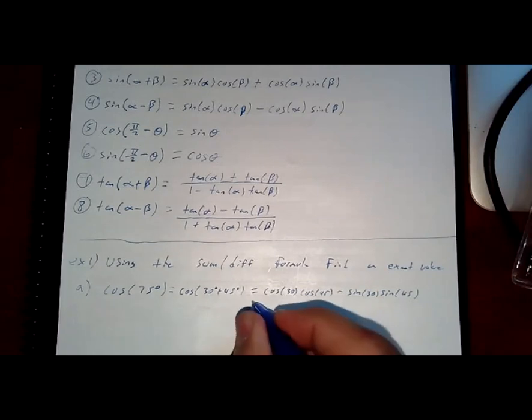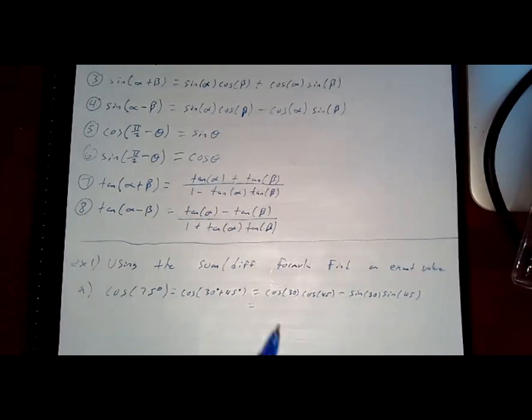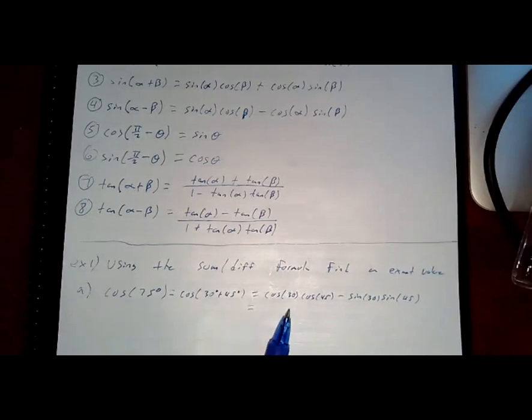So this will become cosine 30. What is that? It's going to be square root 3 over 2, right?